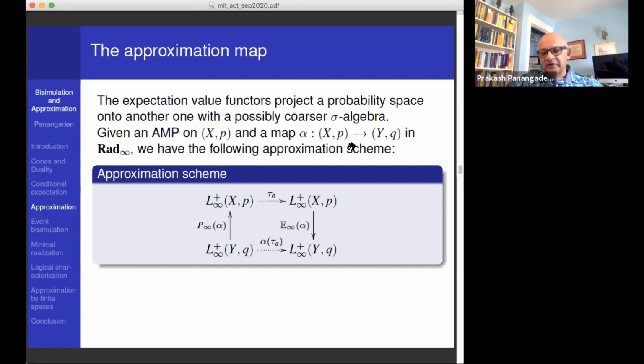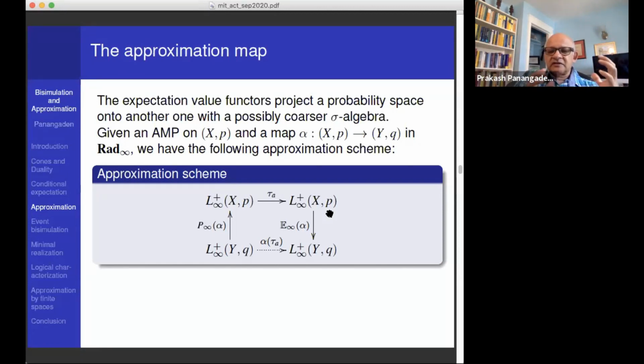They take a point and give you a probability distribution corresponding to one step of the process. However, you can also view this in the dualized sense as a map from the L infinity plus functions to the L infinity plus functions, right? By integrating with respect to the Markov kernel that defines the transition probabilities.